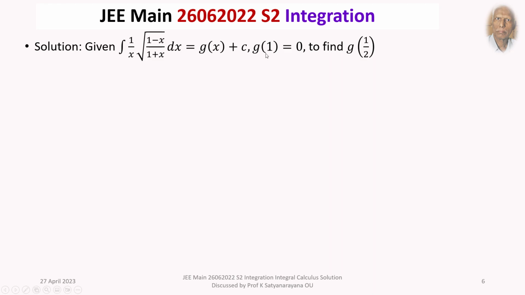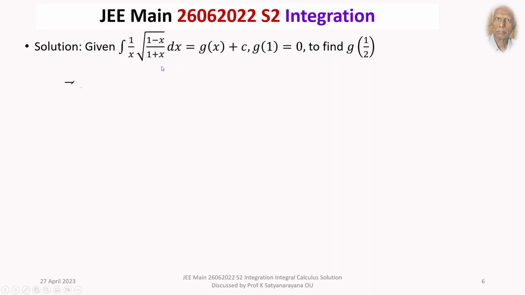Now, g of 1 is given to us, and we need to find g of half. So we will integrate this function between the limits x equal to 1 by 2 to x equal to 1. That means we will write this as a definite integral from x equal to 1 by 2 to 1.